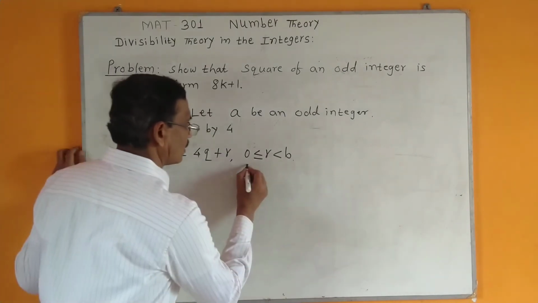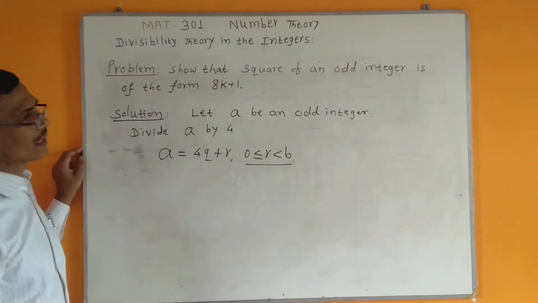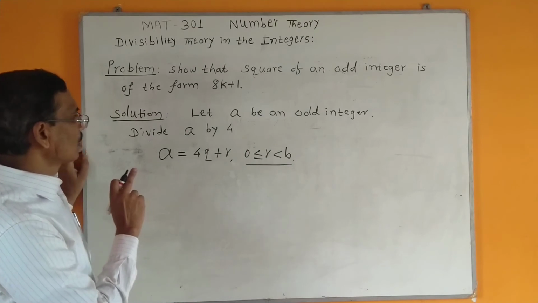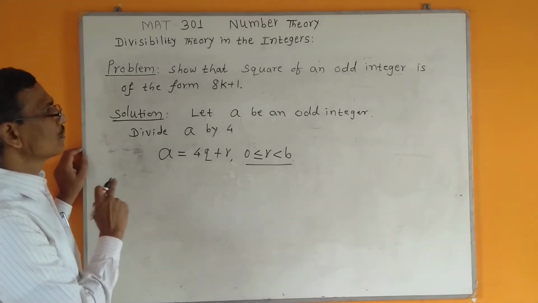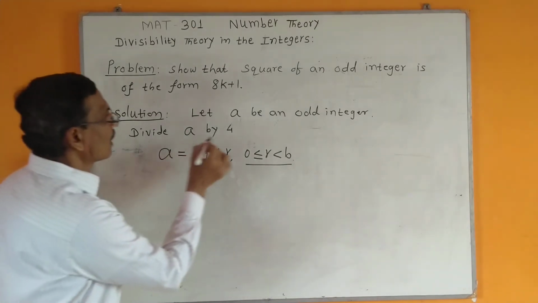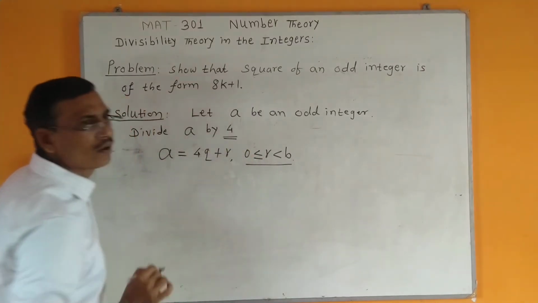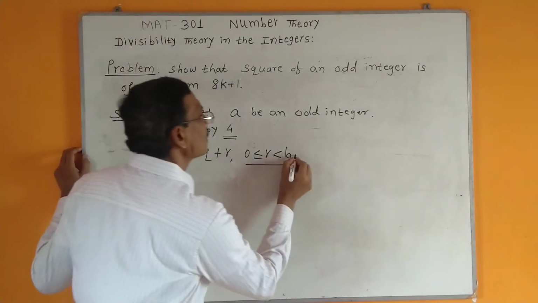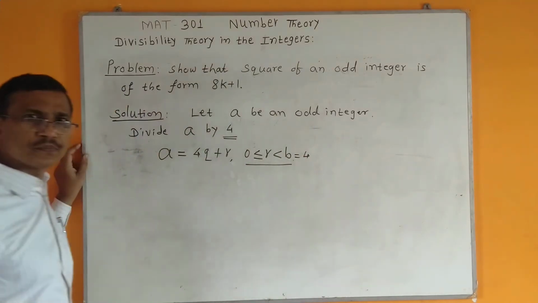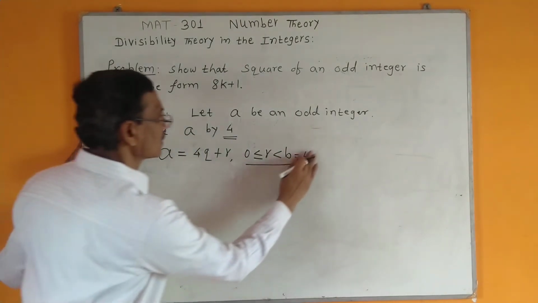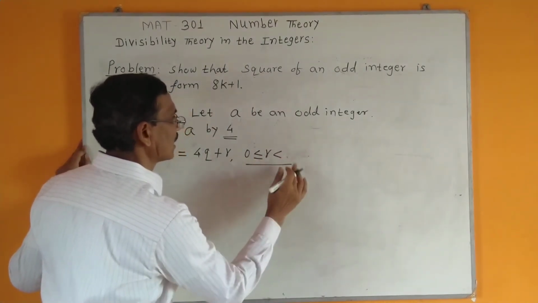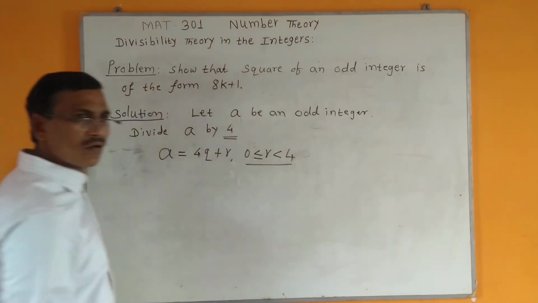From this expression, 0 is less than or equal to r is less than b. But what is b here? We are dividing by 4. That means b is equals to 4. So we may write this as 0 is less than or equal to r is less than 4.